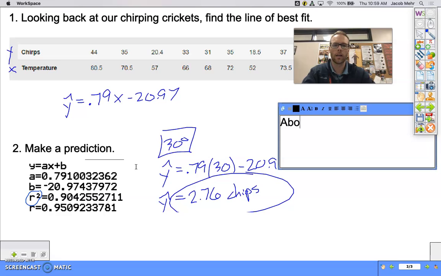Now this is 0.90 for a coefficient of determination. We can say about 90% of the variation in y... I may have said that wrong before. Y is the number of chirps, x is the temperature.